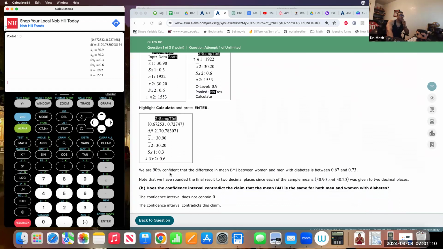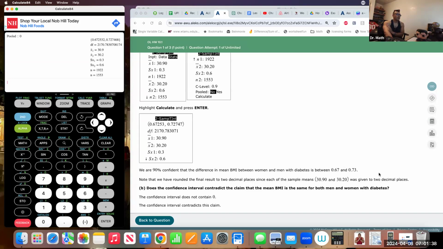So we're 90% confident that the difference in mean BMI between women and men with diabetes is between this answer we just got, 0.67 and 0.73. So notice 0 does not fall within here. We'll talk about that right now. So we rounded the decimals. It's just telling us to 2 decimal places.